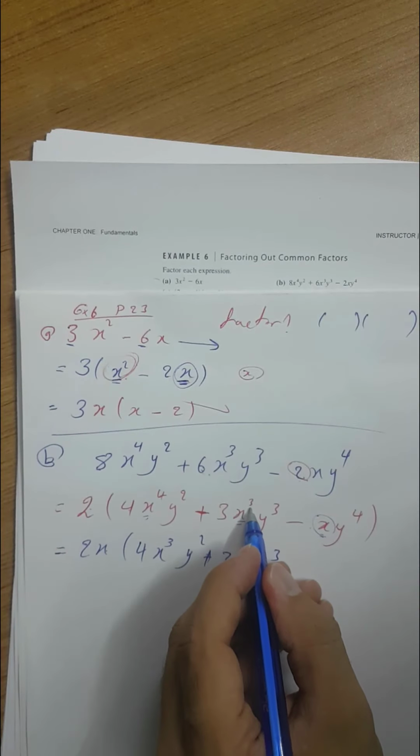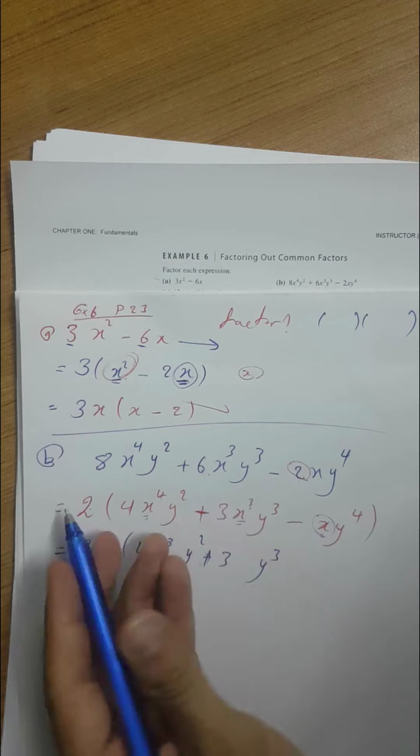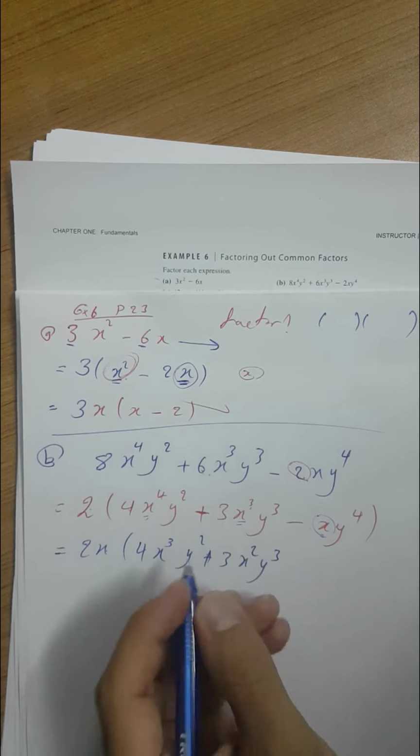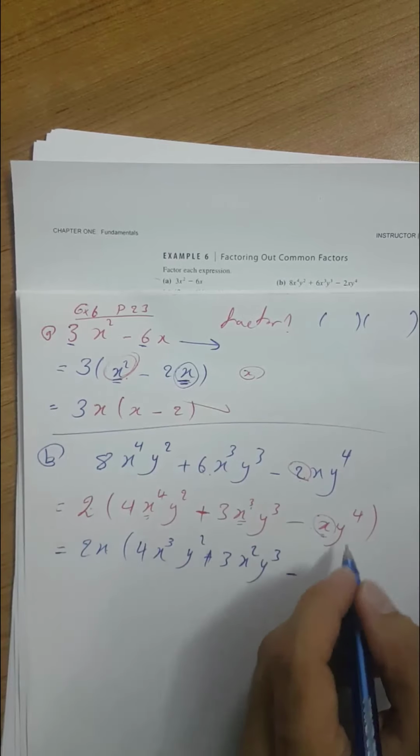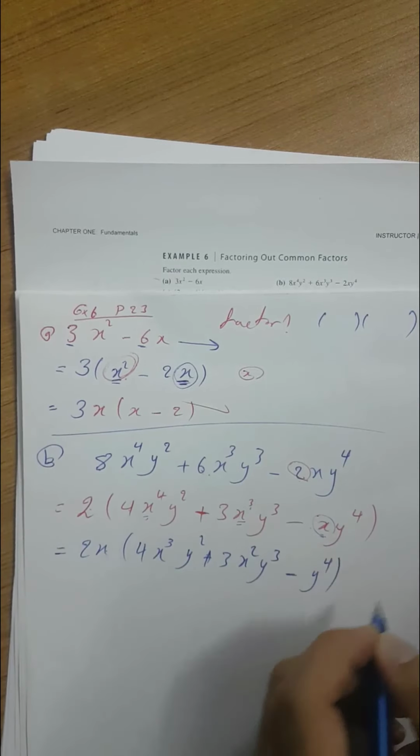The cube the same, so x to the power 3. We took 1 out, so it remains x to the power 2. Again x to the power 1, and took it out, so there is nothing, so it just remains y to the power 4.